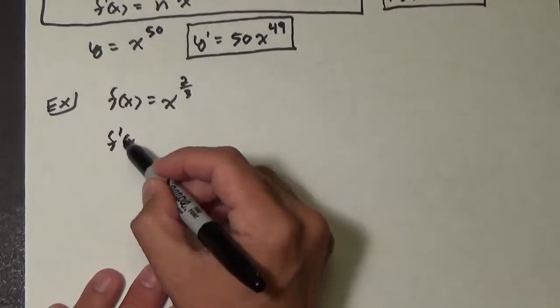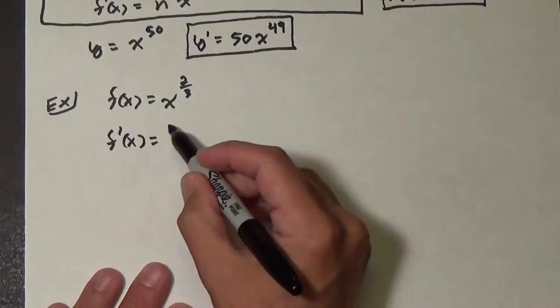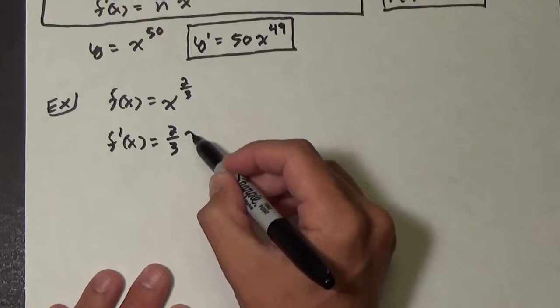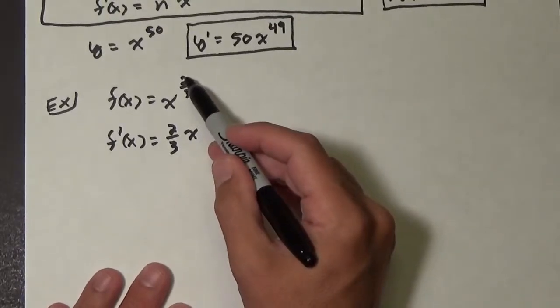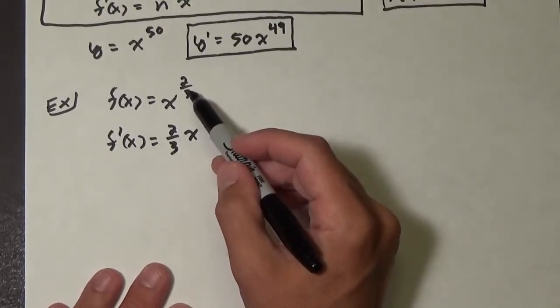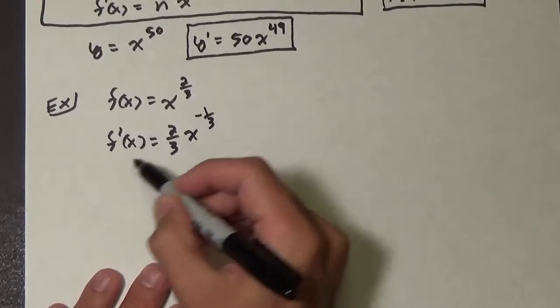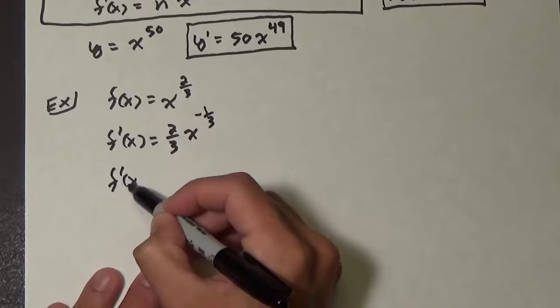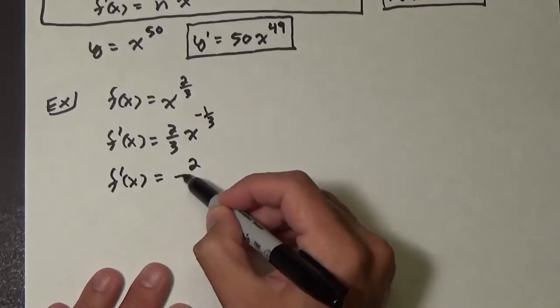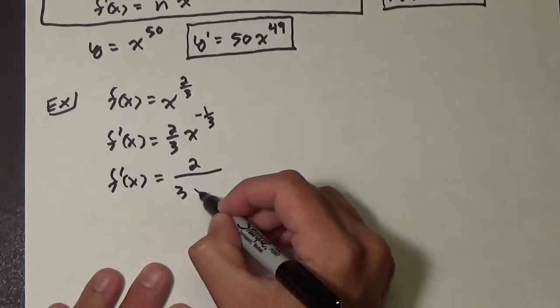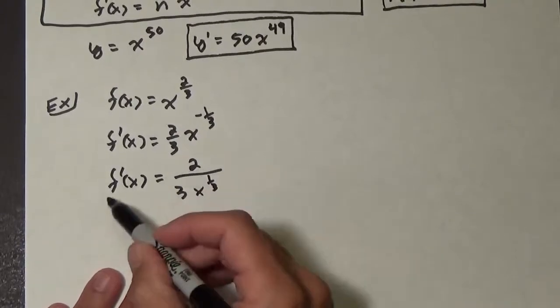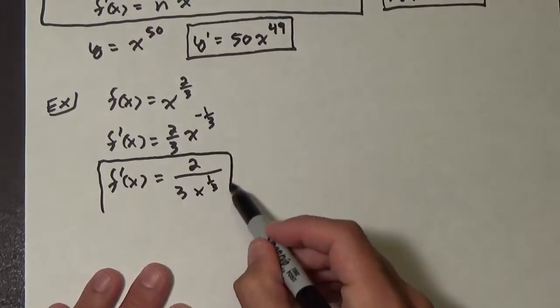F prime of x equals, you bring down the 2/3, x, and then you subtract 1. So 2/3 minus 1 is 2/3 minus 3/3, so it's negative 1/3. So our derivative will be 2 over 3x to the 1/3 power. Very handy.